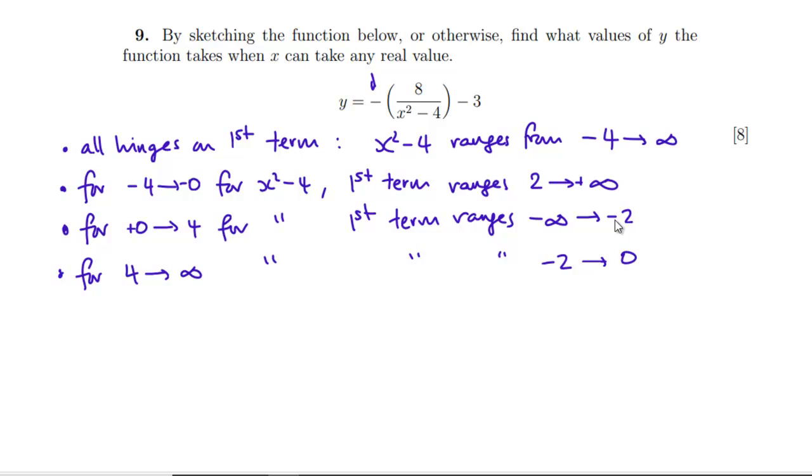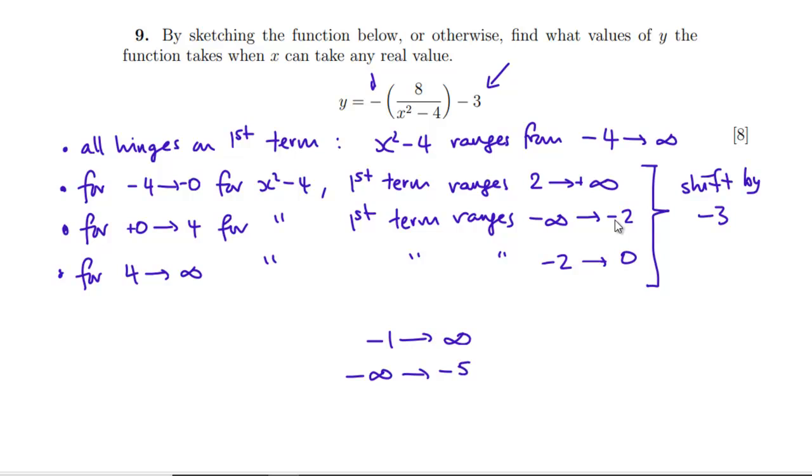Now we need to shift all of those by 3, because we've got this -3 that we've got kicking in here. Shift by -3. So we're going to be going from -1 to infinity, from -infinity to -5, and from -5 to -3.